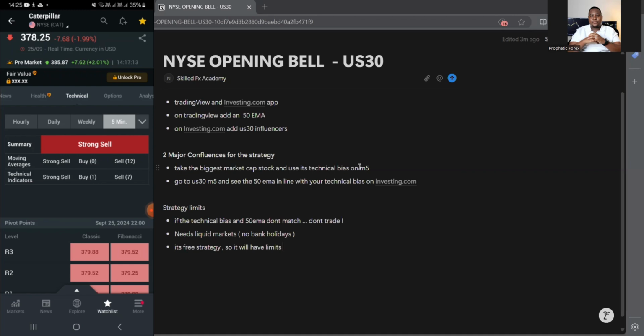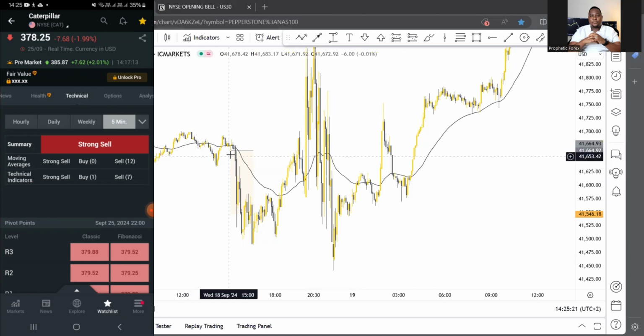Now let's understand how to trade this, guys. Let's say over here, this was the New York Stock Exchange opening bell for this market, US30, as we're dealing with US30. I would love for you to go in at least 3 minutes before the market moves, so before the New York Stock Exchange bell is rung.